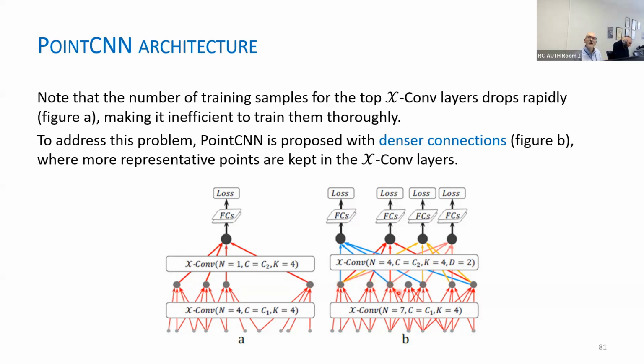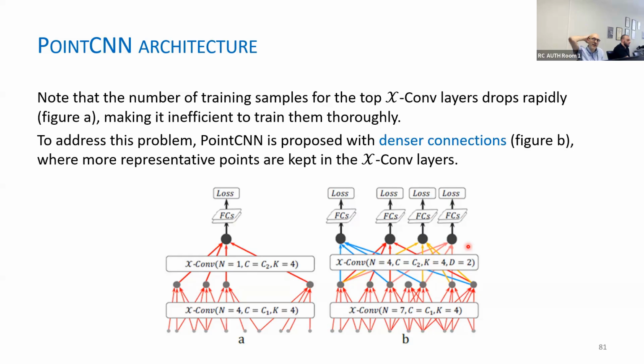So in this way, the receptive field is enlarged. So each representative point at the next level can see a larger part of the previous level. But again, we can summarize the set with just 4 points. So we keep the number of points small, but we enlarge the receptive field.